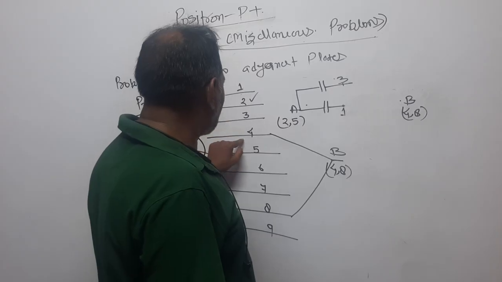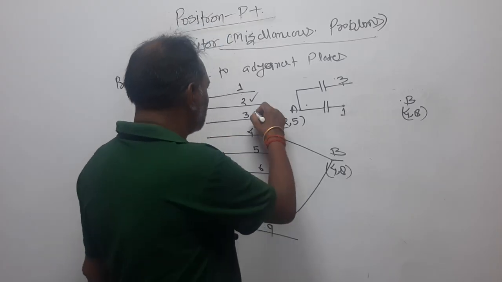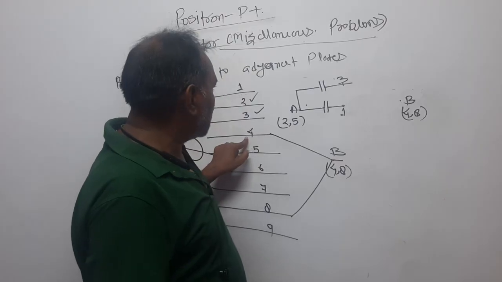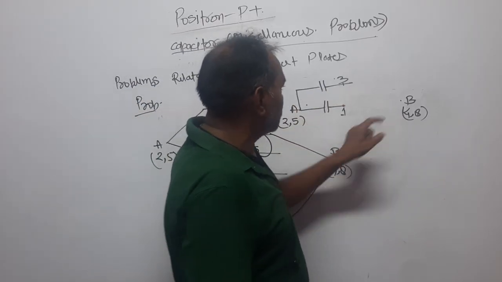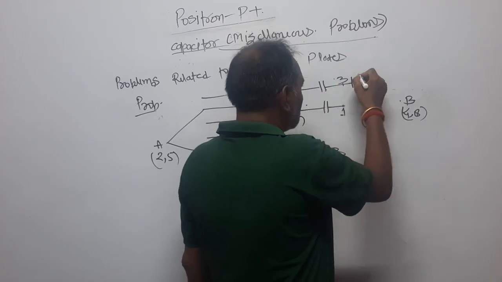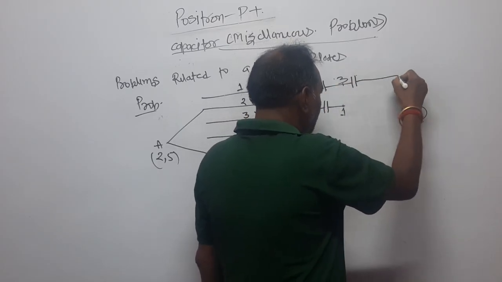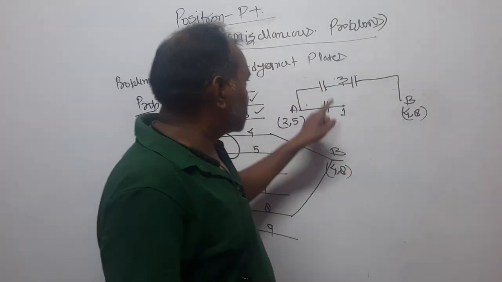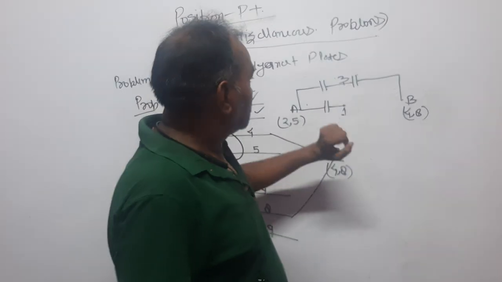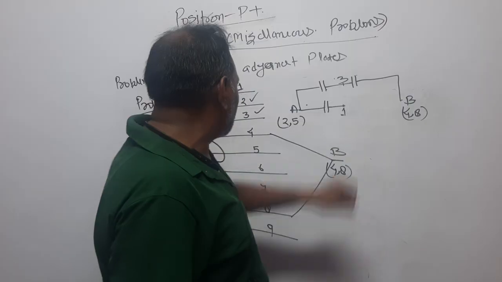Now between 3 and 4, another one. 3 and 4 are making another capacitor. So this is plate number 3 and this is plate number 4, right? Now 3 is a common plate, shared by both of these, right? So 3 and 4 is connected between B.